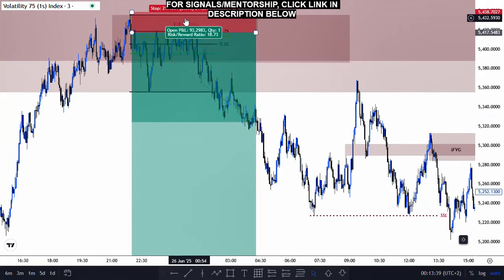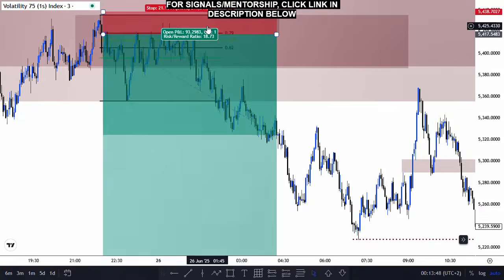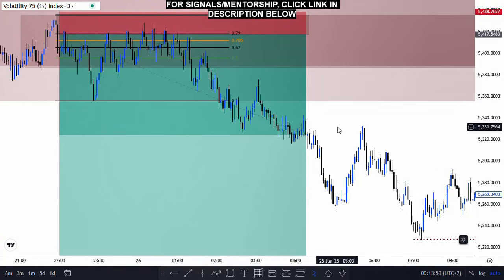I hope you guys understand the single candle order blocks. It's a very simple concept. You can see there's a single candle order block here, there's another one there.